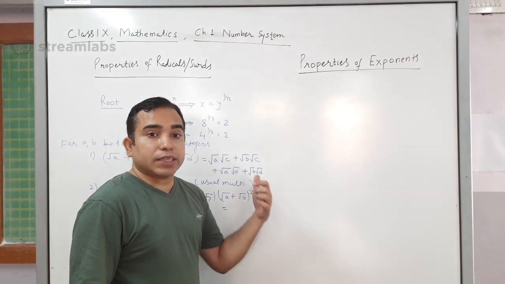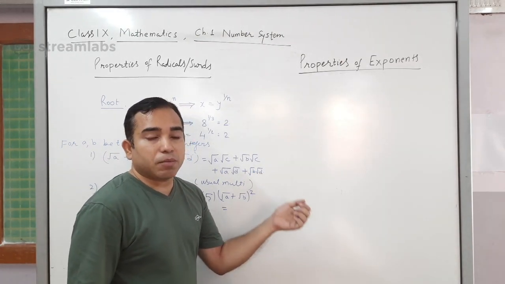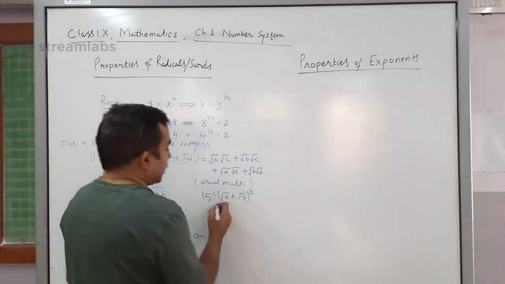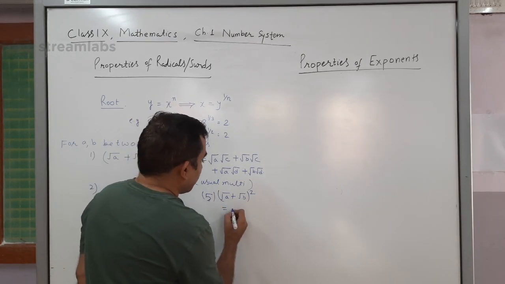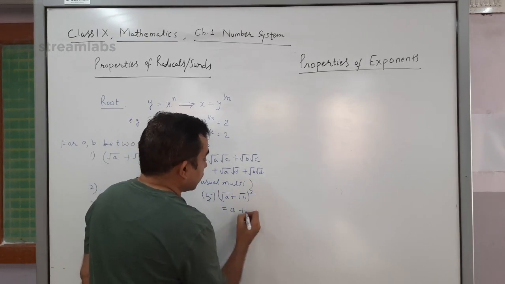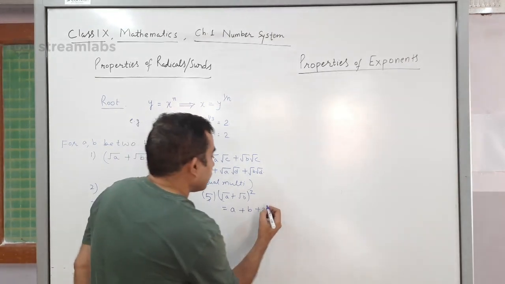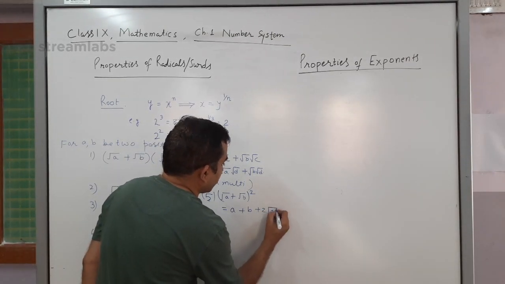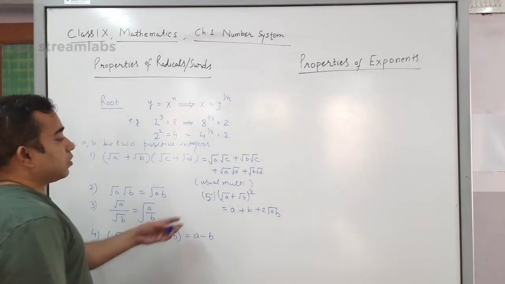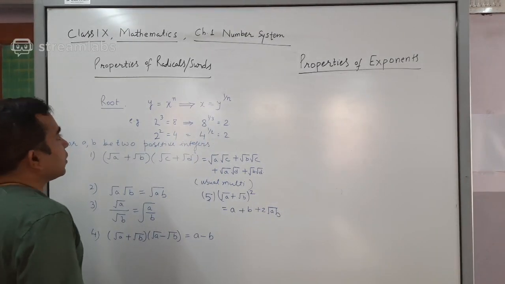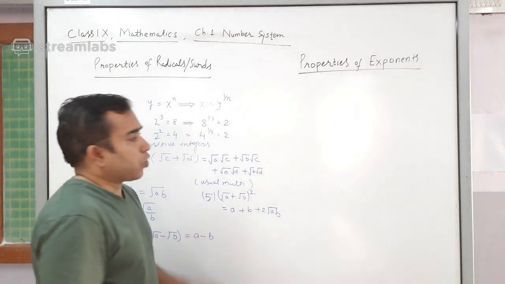A plus b whole square is a square plus twice ab plus b square. By using it, it will become root a whole square means a, plus root b whole square means b, plus twice of root a root b, which means root ab. So these are the properties of radicals, and we are going to apply these in our exercise.